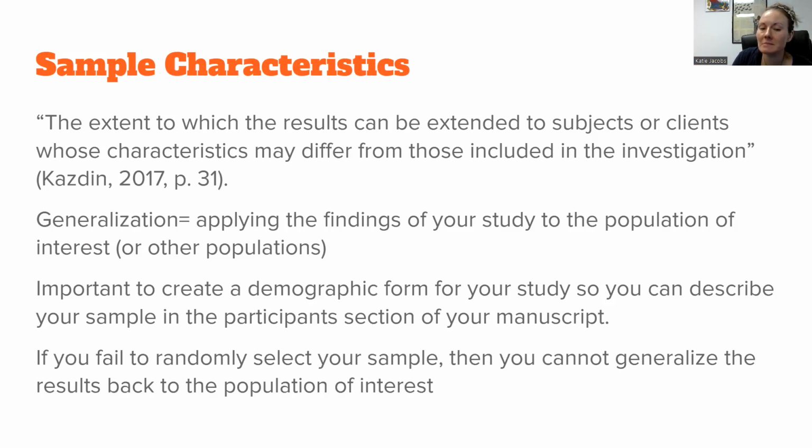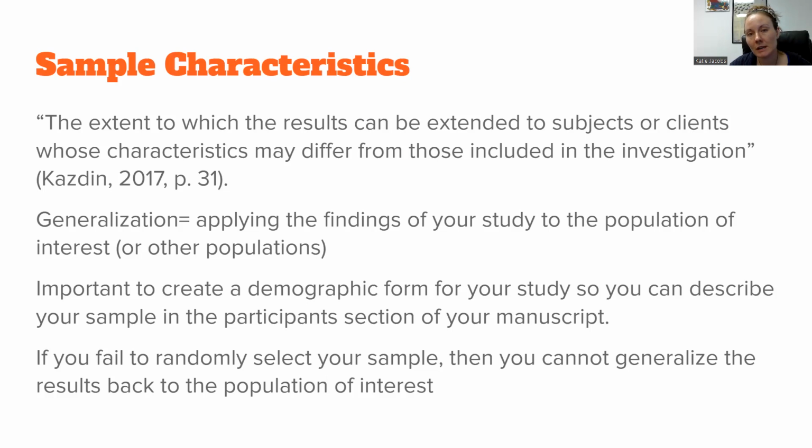Also, if we fail to randomly select our sample, then we cannot generalize our results back to the population we're interested in studying. So earlier we learned about random assignment, which is where we randomly assign which condition our participants go to. That is separate from random selection. Random selection deals with how we get our sample from the population we're interested in studying. If you remember, we have several different sampling methods. We have random sampling, convenience sampling, and snowball sampling, which are some that we've learned about.